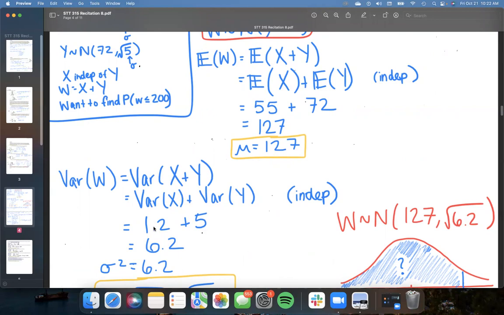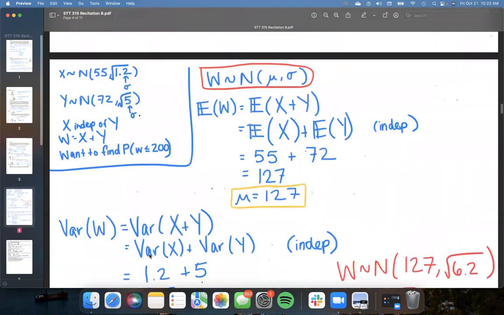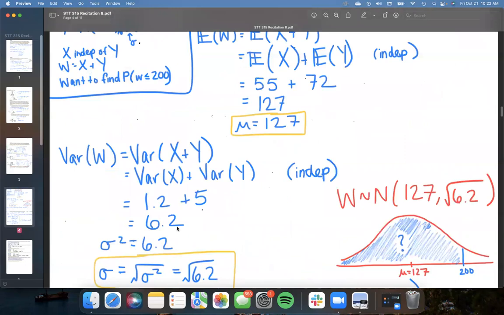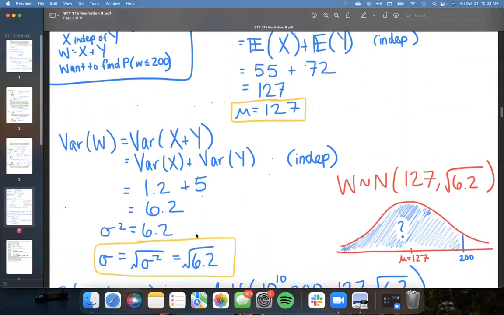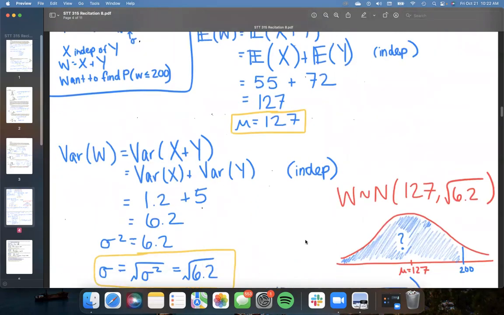Oh wait, no, I didn't calculate it wrong. I'm just calculating the variance right now. So the variance of X is 1.2, and the variance of Y is 5, because that's given here. Then you add those together, that's 6.2. And then we want to take the square root of that to get the standard deviation. So I did it right. The standard deviation is the square root of 6.2.